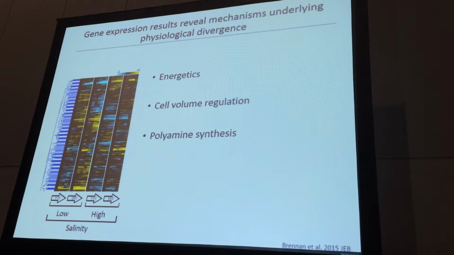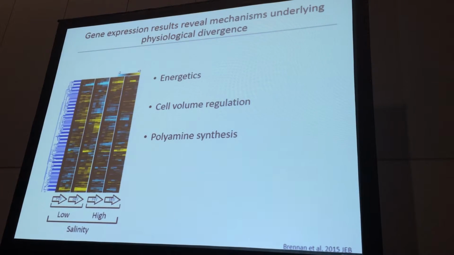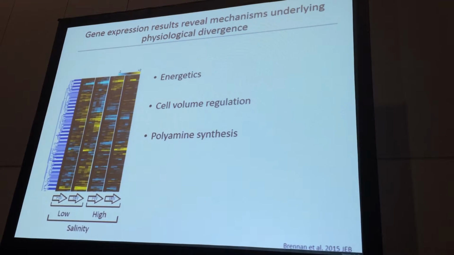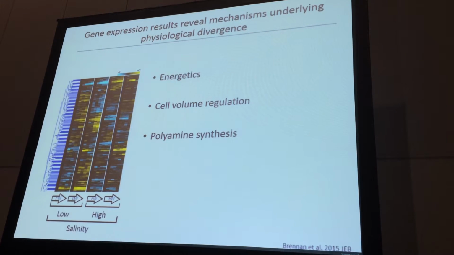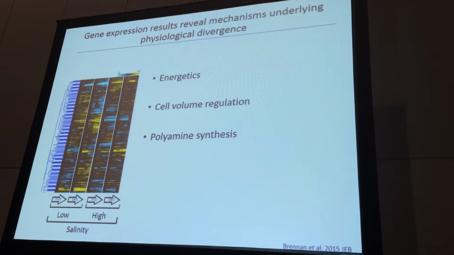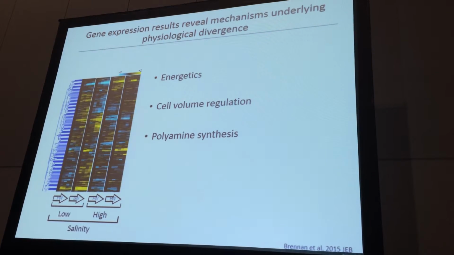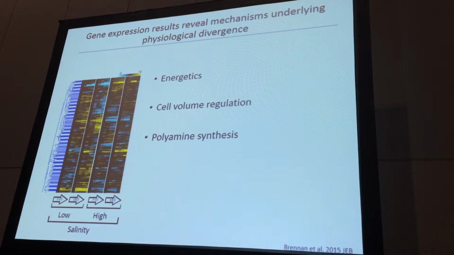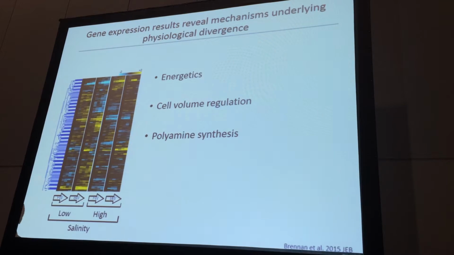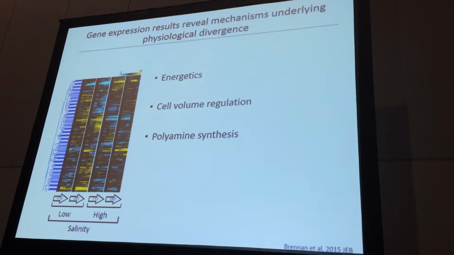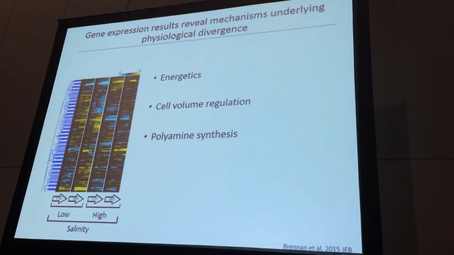Within this set of genes, we found a lot of interesting mechanisms that might be driving divergence between our populations, including those involving energetics, which are important for remodeling gills, for cell volume regulation, so dealing with the influx or efflux of water across gills under these different challenges, and also polyamine synthesis.